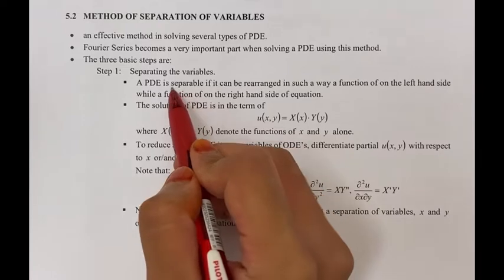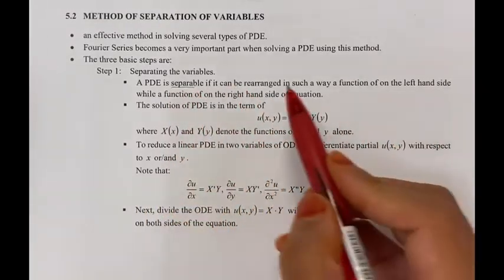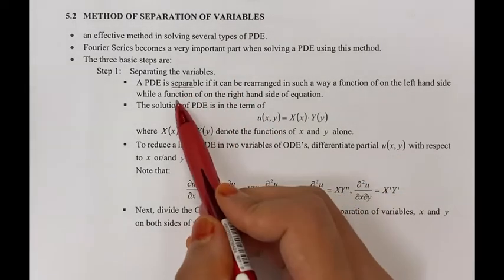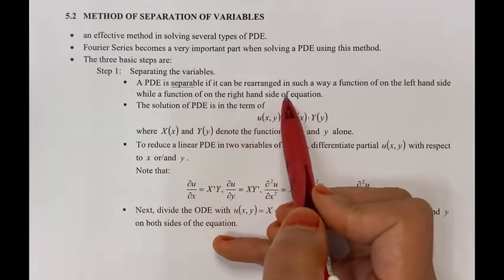It is separable if it can be rearranged in such a way that a function of x is on the left hand side, while a function of y is on the right hand side of the equation.